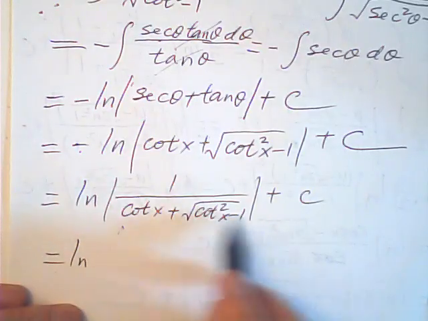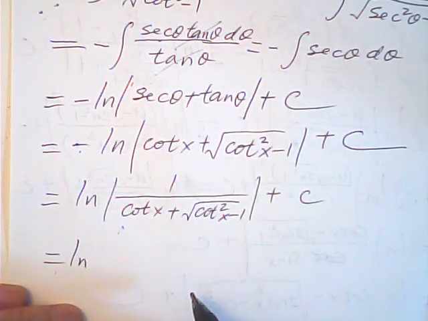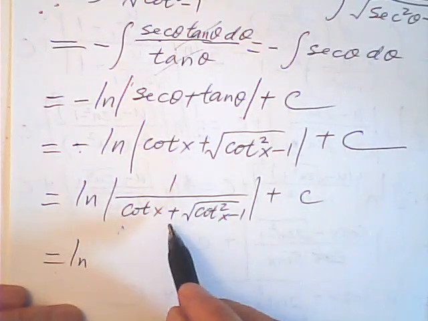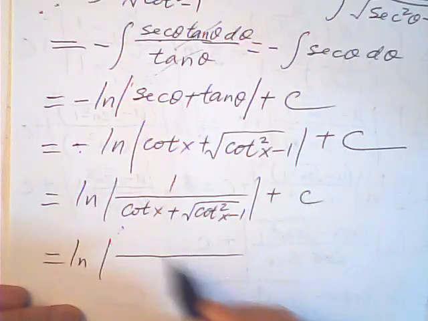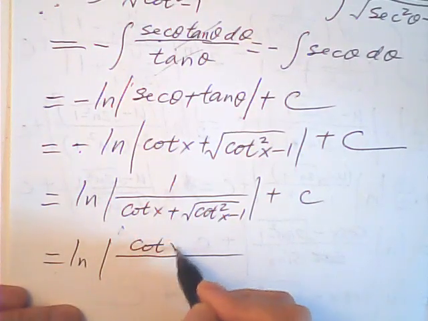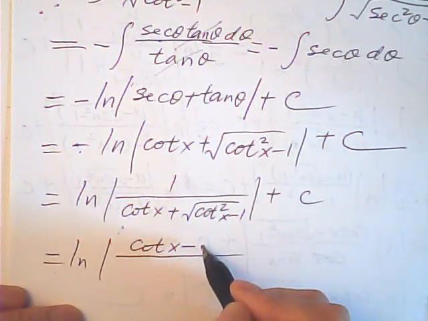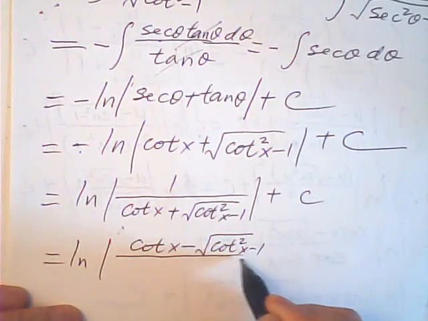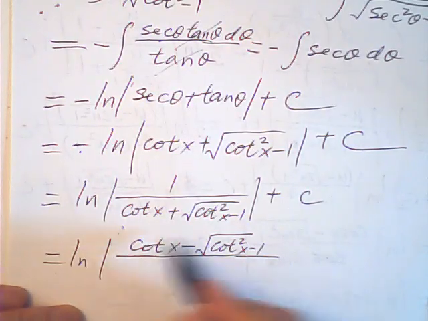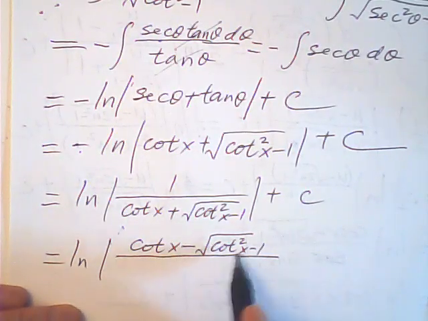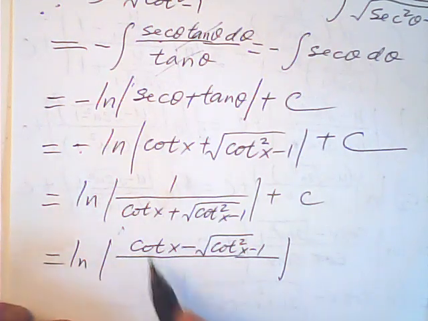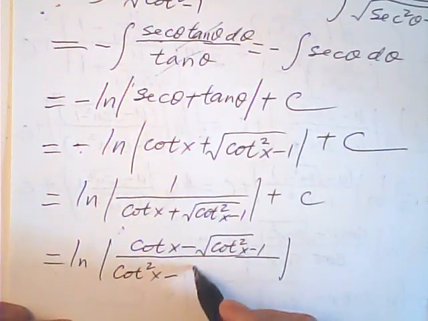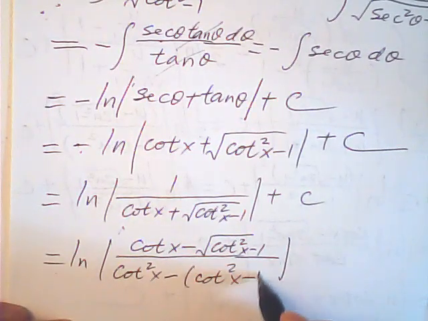So then I multiply by this one top and bottom. Yeah, multiply by cotangent x minus this. I times this one, both top and bottom. So top will become this. The bottom becomes cotangent square minus this square, right? Cotangent square x minus 1.